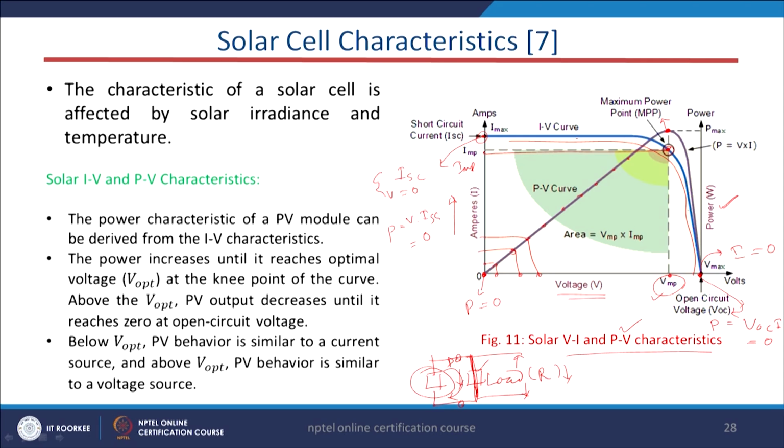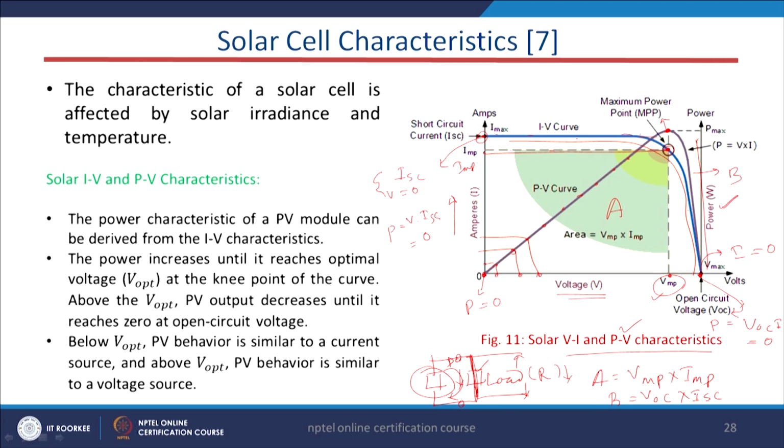Now, if you see this rectangular dotted area, let us say this is area A, and if I start from here, with the short circuit current and the open circuit voltage, this area is basically area B. That means area A is due to the multiplication of VMP and IMP, and area B is due to the multiplication of VOC and I short circuit.